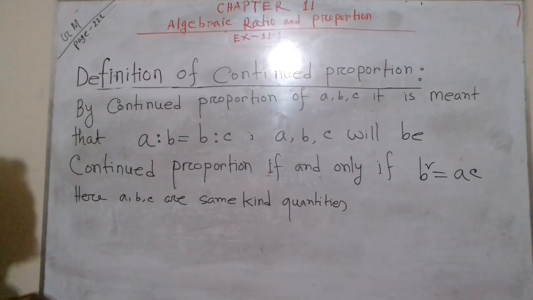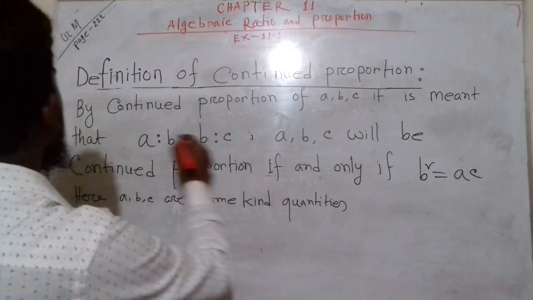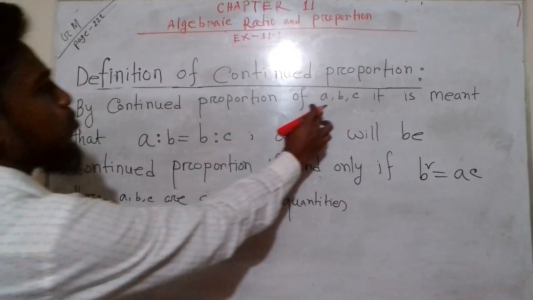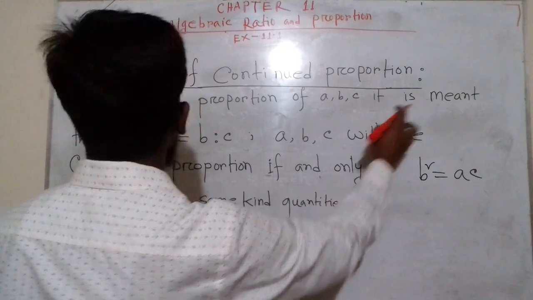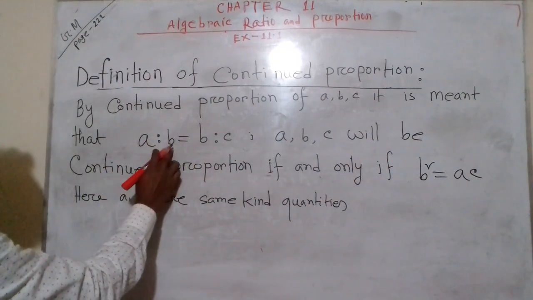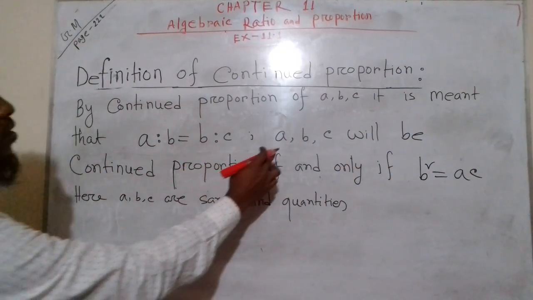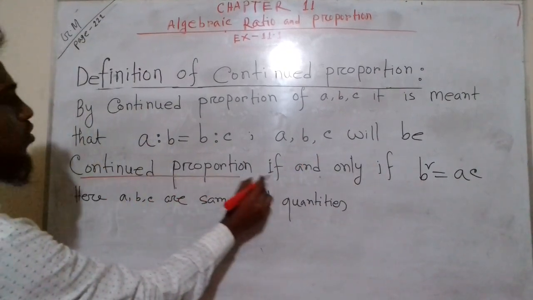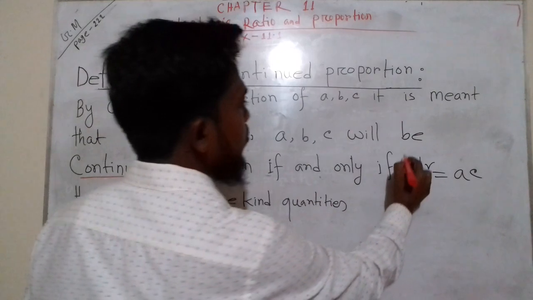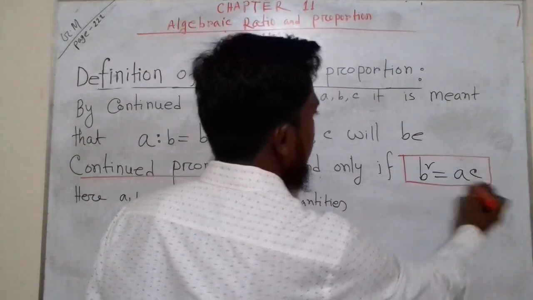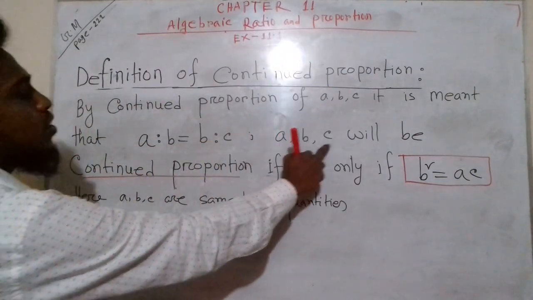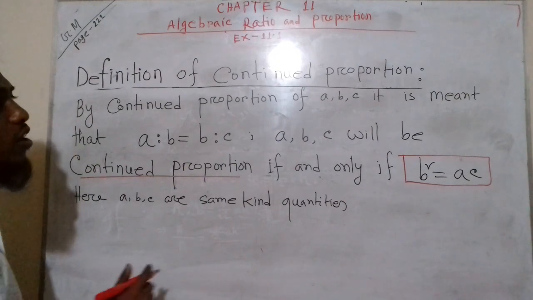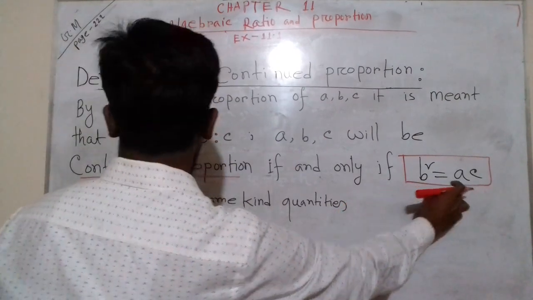The definition of continued proportion: by continued proportion of A, B, C, it is meant that A is to B equal to B is to C. A, B, C will be in continued proportion if and only if B square equals AC.